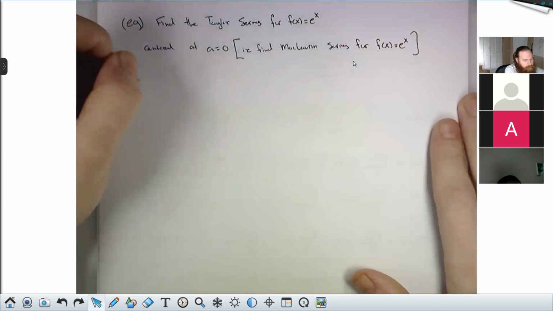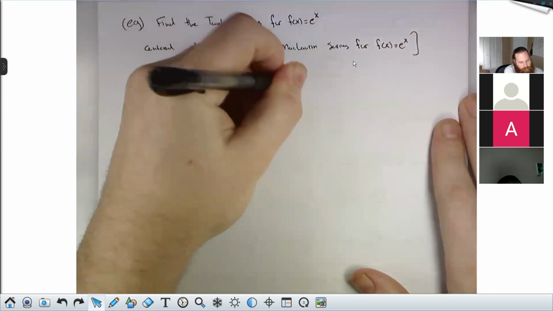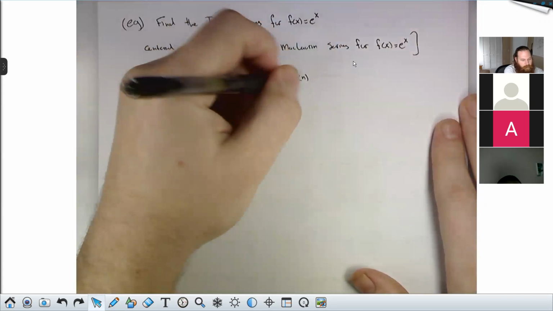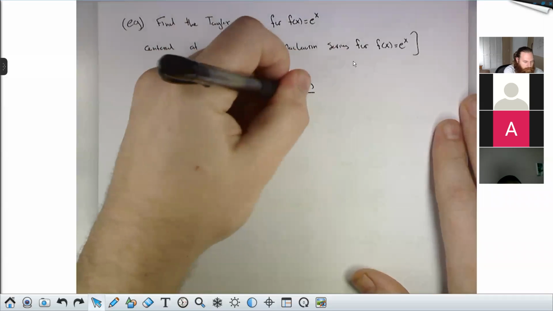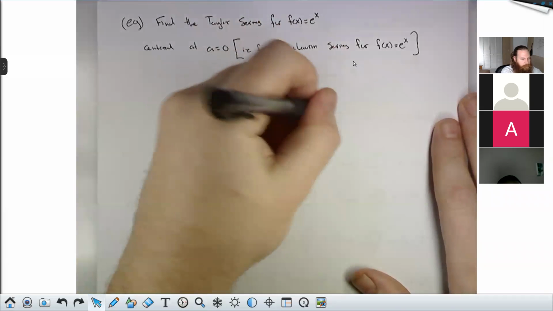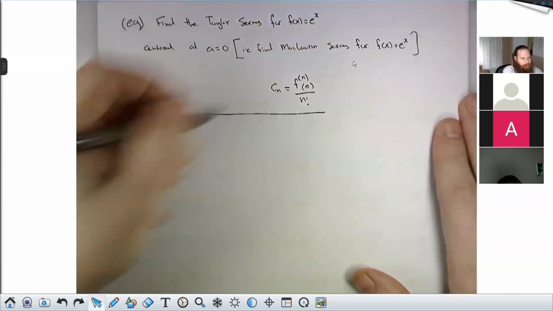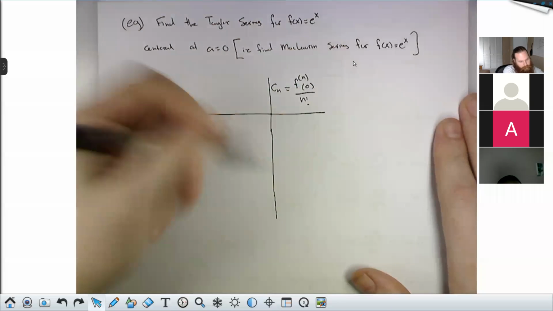Remember that the formula here is that Cn is the nth derivative of f evaluated at the center, which here is 0, divided by n factorial. The way I like to do this is to make a little table. The Cn's go on the far right.